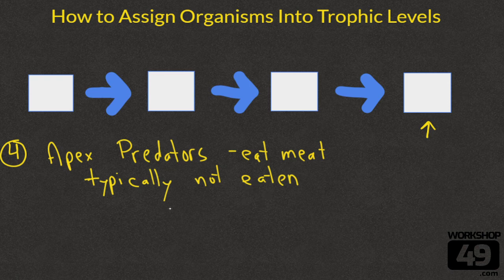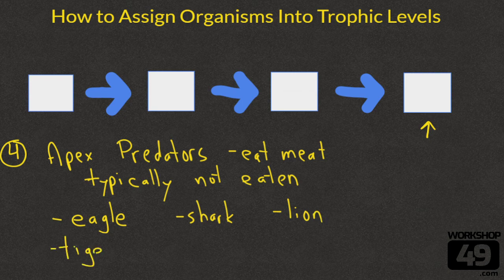They eat meat, and they are typically not eaten. You think of them as like the masters of their ecosystem. So we are looking at organisms like eagle, or shark, or lion, or tiger.